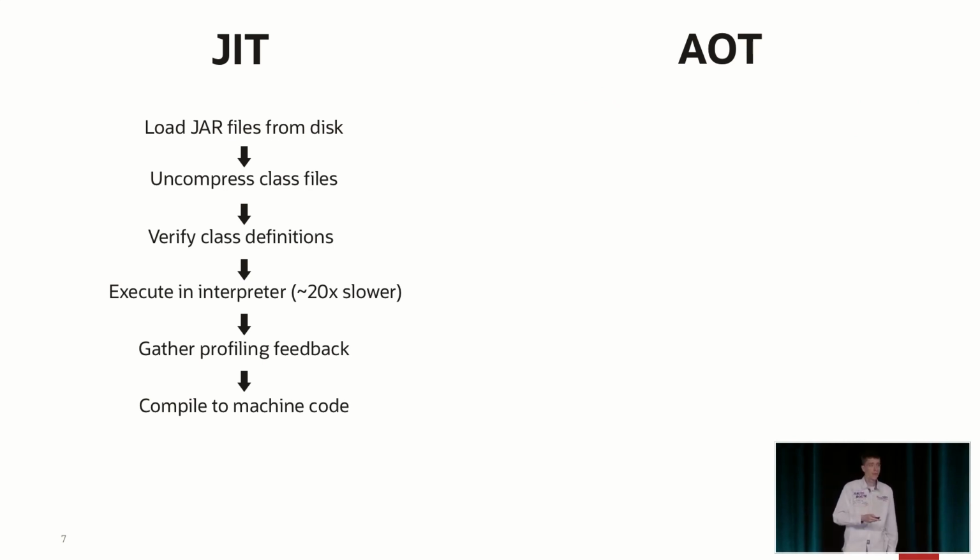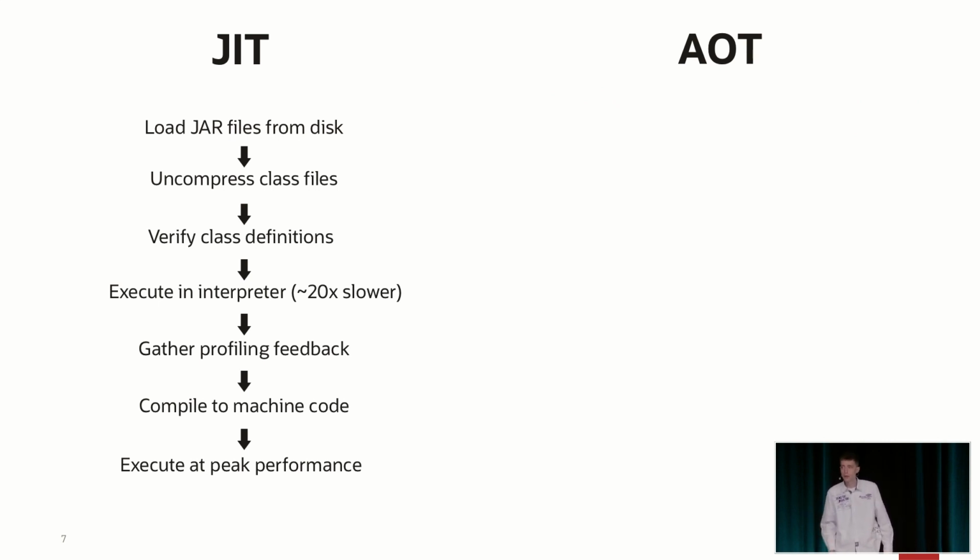And the JIT compiler finally compiles the hot parts of your application, meaning the parts that are executed very often. For those parts, the JIT compiler then generates efficient machine code, and then finally, you can execute your application at peak performance. So there are a lot of steps involved here.